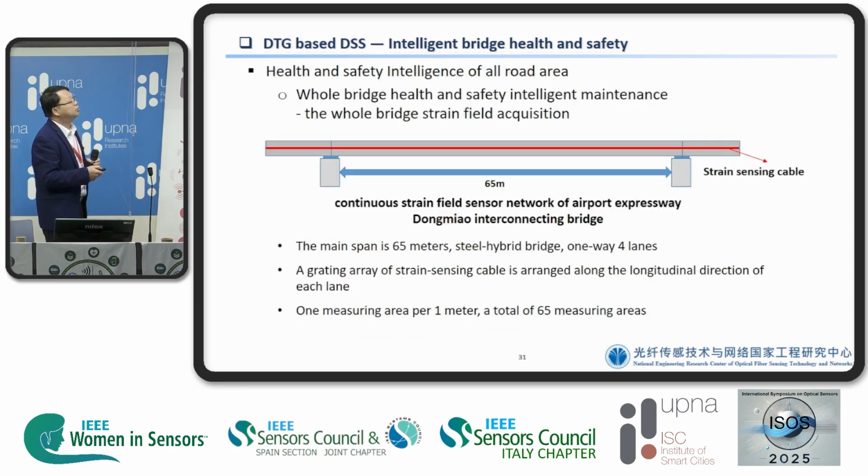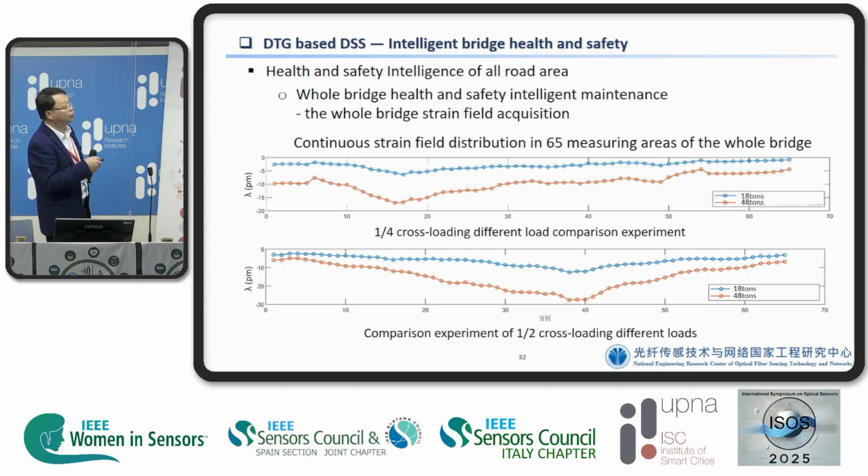So this is a demonstration for bridge monitoring. For example, there's a 65 millimeters bridge. We want to monitor the strain of the bridge when it is working, and then we install the fiber cables along the bridge, and then we can monitor the deformation of the strain.